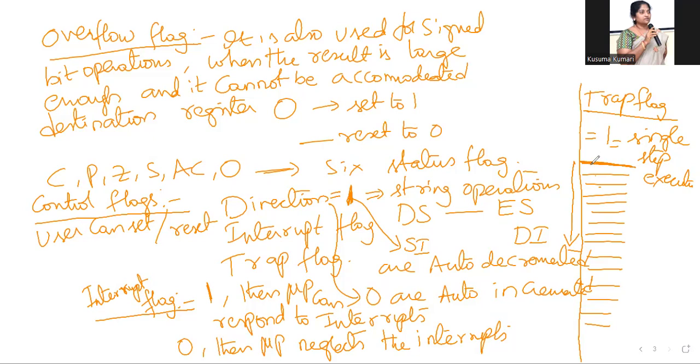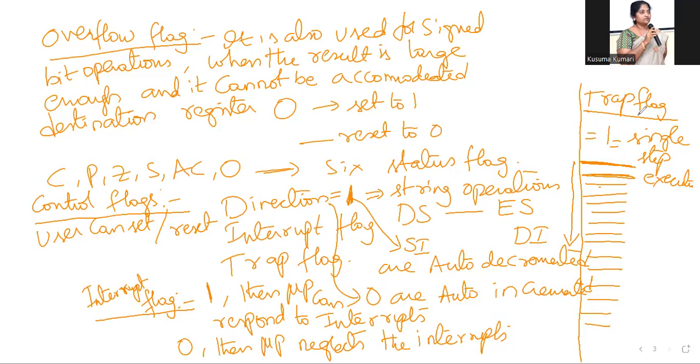If all are okay, it goes to the next instruction. After completing the second instruction, it again stops the execution and verifies the contents of various registers and memory locations. Likewise, for every instruction the execution is temporarily stopped and verified. That's why it is called single step execution.